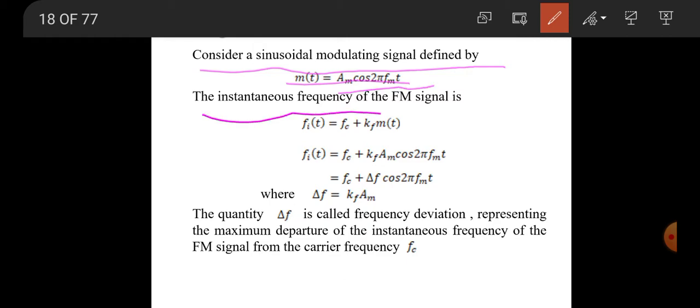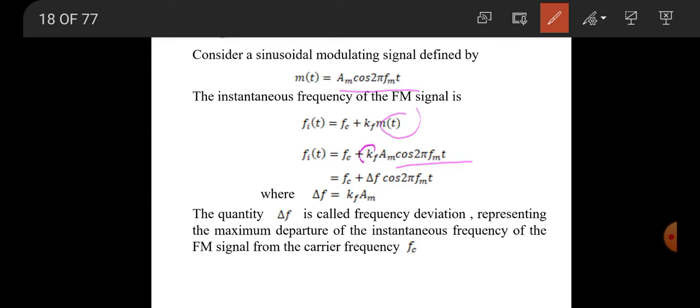The instantaneous frequency of the FM signal, which we have already calculated, is the combination of the unmodulated carrier and m of t. So here you have to substitute m of t is equal to Am cos 2 pi fm t. Substituting, this term can be written as deviation sensitivity times frequency deviation.